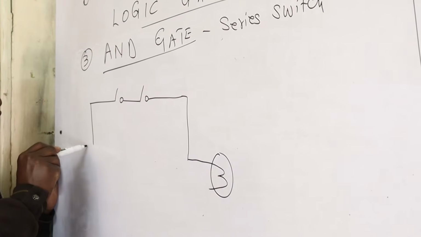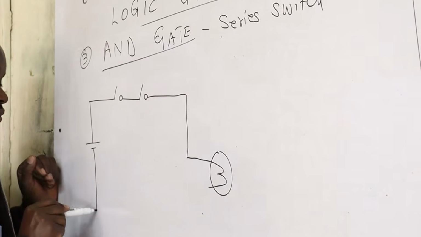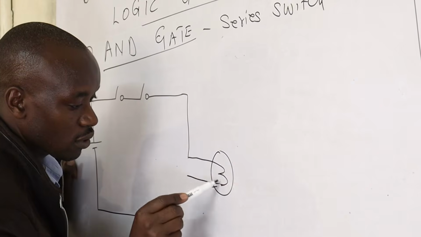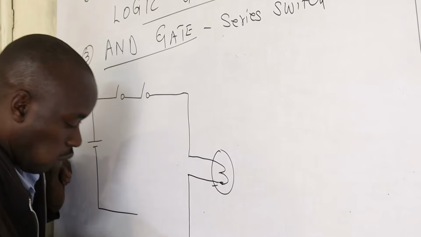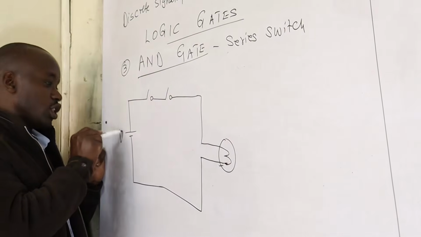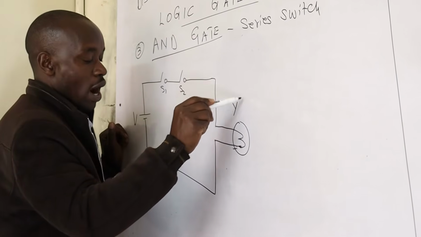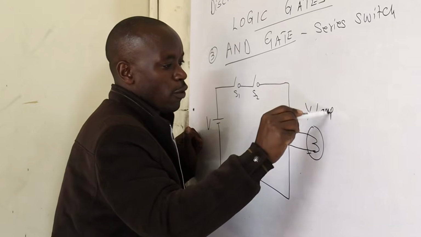We have the voltage here. So we have our voltage, switch 1, switch 2, and then we have our output Y, so that people can see clearly.